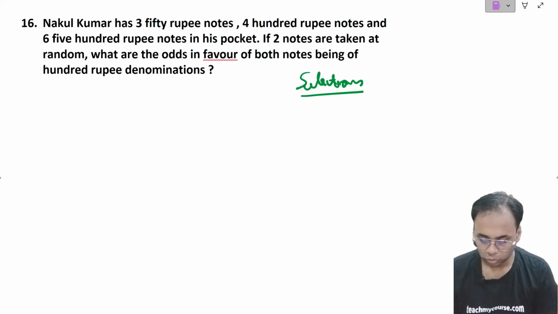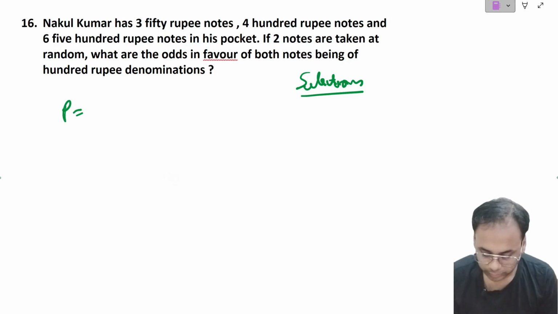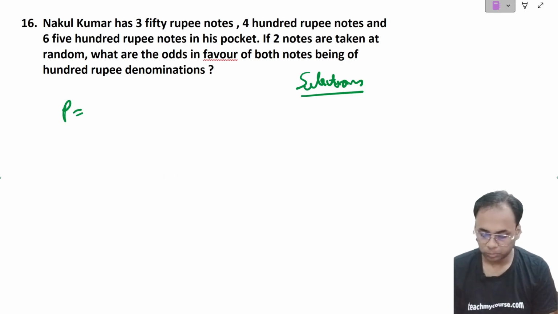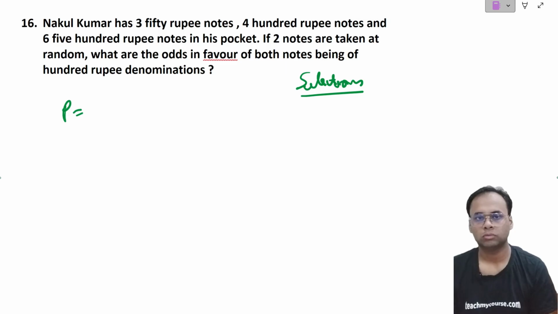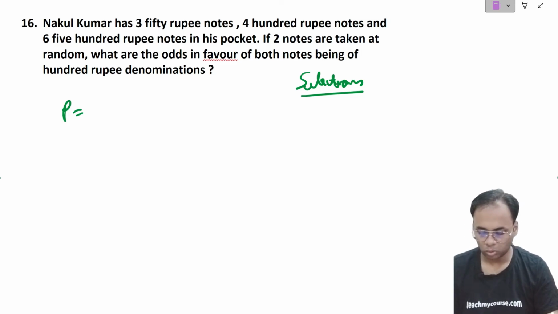So what will be the probability in that case? There are 3 50 rupee notes, 4 100 rupee notes and 6 500 rupee notes. So in total there are how many notes? 13 notes, which are of 3 types. If two notes are being taken at random, what are the odds in favor of both notes being of 100 rupee denominations?